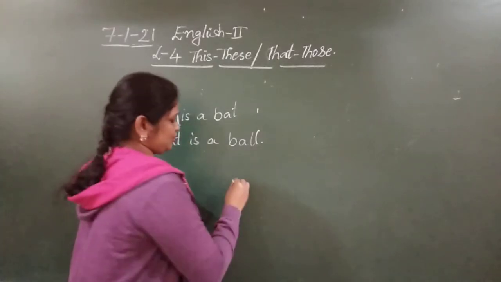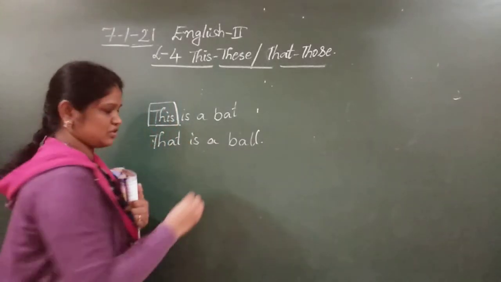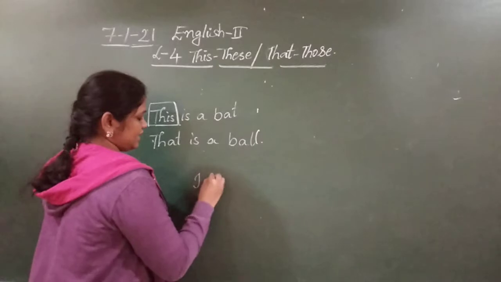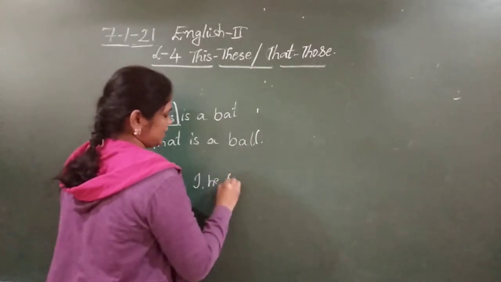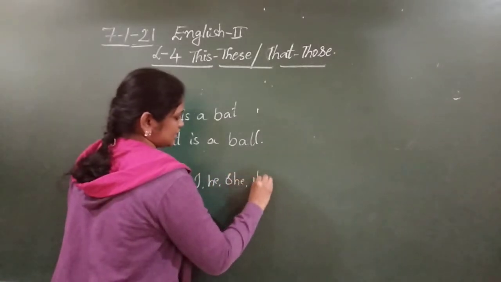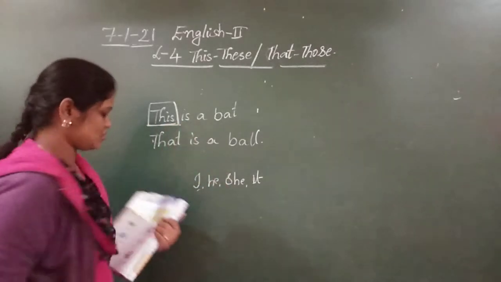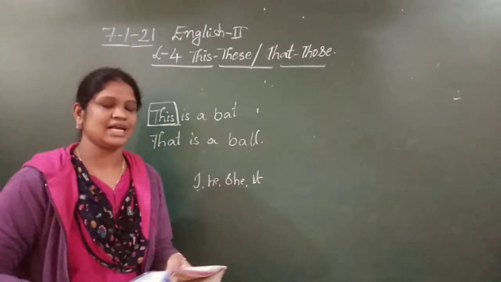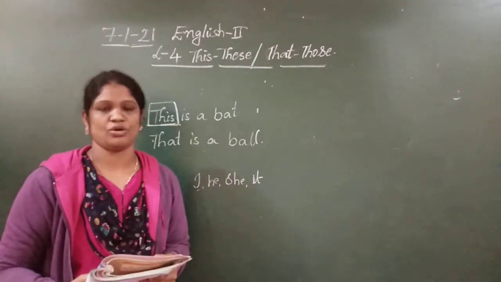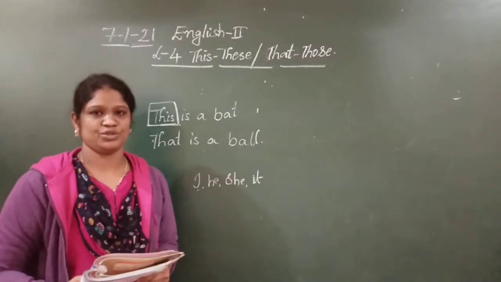We also use, instead of a noun, I, he, she and it. Yes or no? So like that, this is also a pronoun. This, that, these and those are also pronouns too.